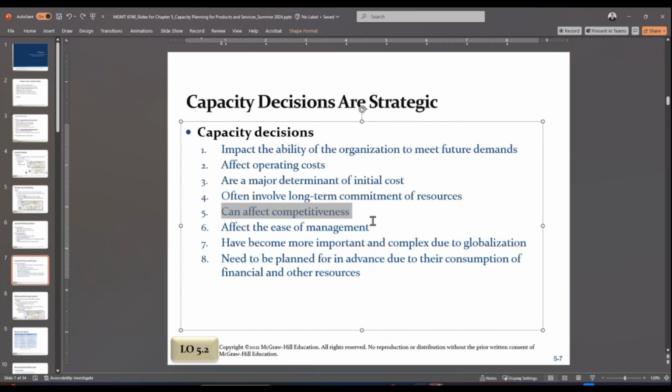Maybe you'll be able to make the parts or provide the service in the least amount of time, in the fastest way, highest quality, no quality issues, highest throughput, and best efficiency and productivity as well. In that case, you'll be able to get more profit out of each part you sell or each service you provide. If required, you can lower your price. So definitely it will affect your competitiveness.